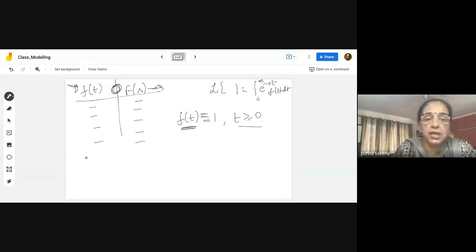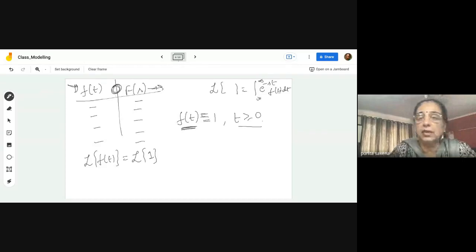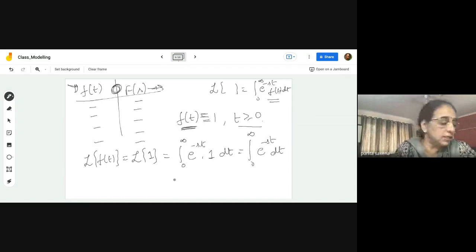In this case, my Laplace transform of f(t) is nothing but the Laplace transform of 1. If you look at this integral, it is the integral from 0 to infinity of e to the power minus st times 1 dt. So simply the integral from 0 to infinity of e to the power minus st dt.